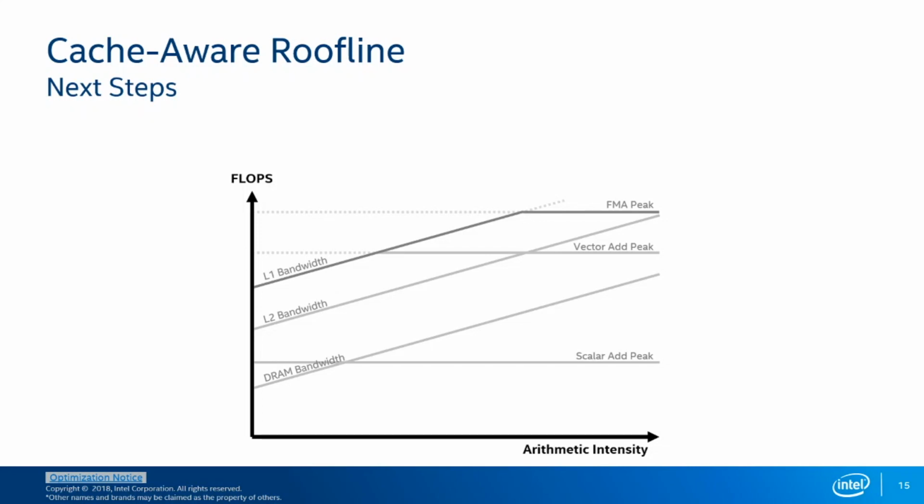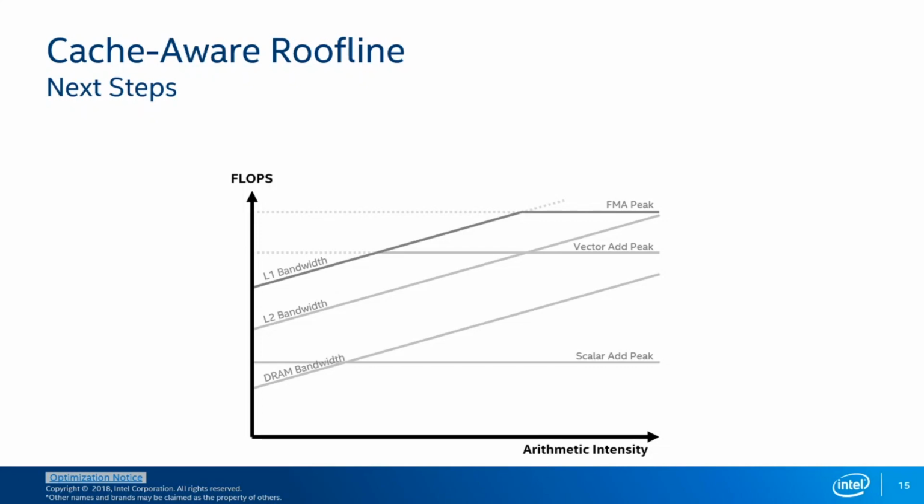For example, scalar peak is the maximum performance that you can achieve if you don't use any vectorization at all. Then vector peak is if you're using vectorization, and the final roofline is if you're using vectorization with FMAs. And then finally we have these slopes, and these slopes correspond to the bandwidth of different memory hierarchies that we have within a CPU.